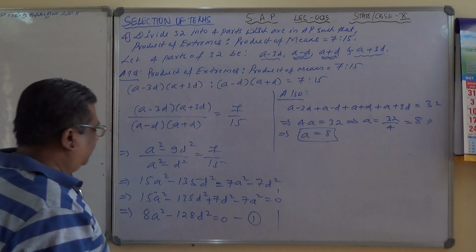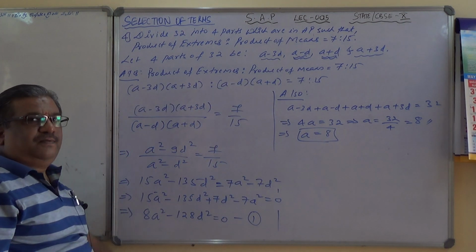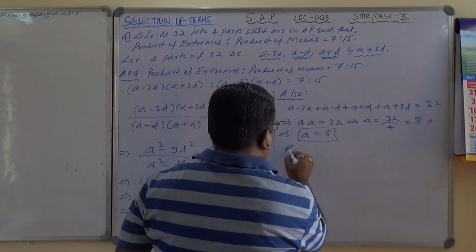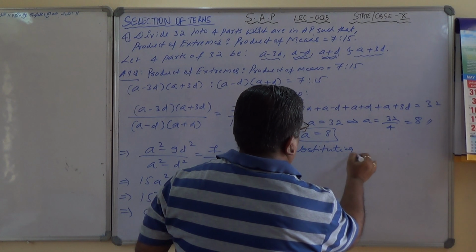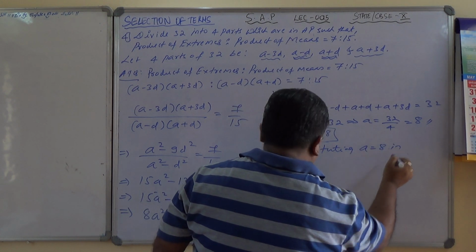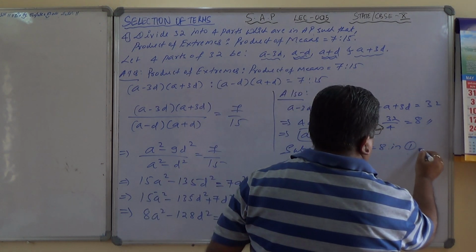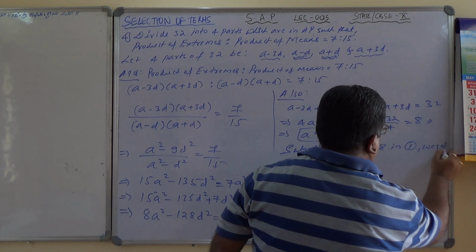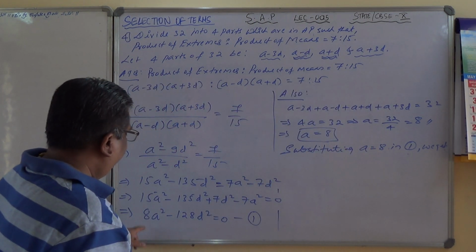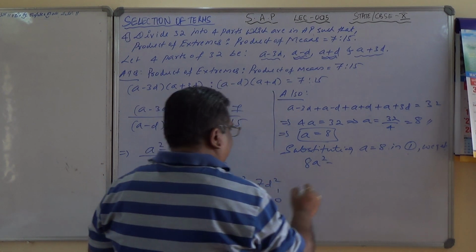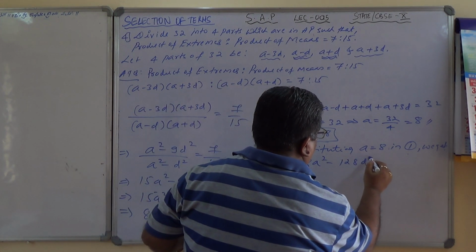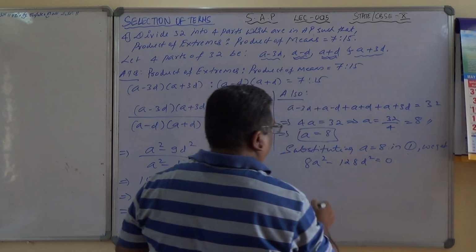Now you substitute that 8 here to get the value of D square. Substituting A equals 8 in equation 1, we get 8 A square minus 128 D square equals 0.